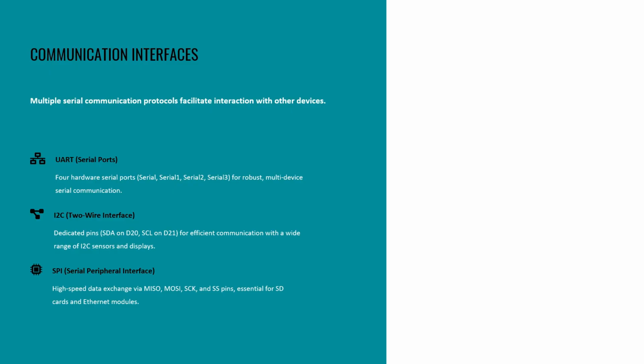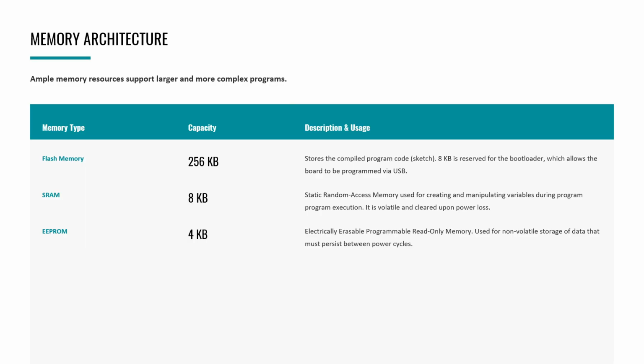Memory architecture. The Arduino Mega provides significantly larger memory resources compared to smaller boards. It includes 256 kilobytes of flash memory, which is used to store the compiled program code. A portion of this memory is reserved for the bootloader, which allows programs to be uploaded through the USB interface.